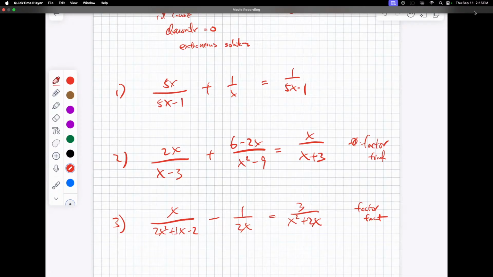Now, when you check for extraneous solutions, you don't need to check the whole thing, only check the bottom. If you check the bottom, that's good enough. If the bottom goes undefined, then that's wrong.